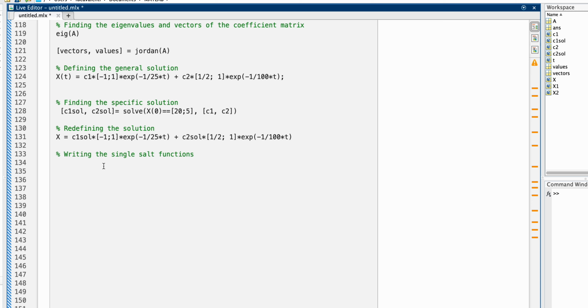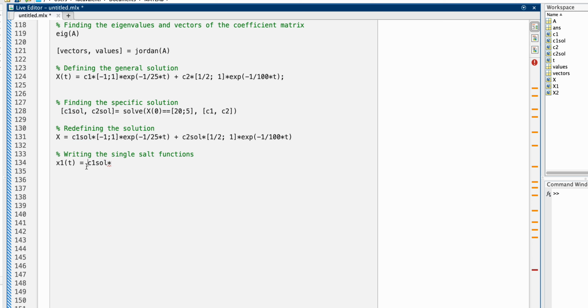So, x sub 1 of t, that's the amount of salt in tank A, is going to be C1 sol multiplied by the top part.